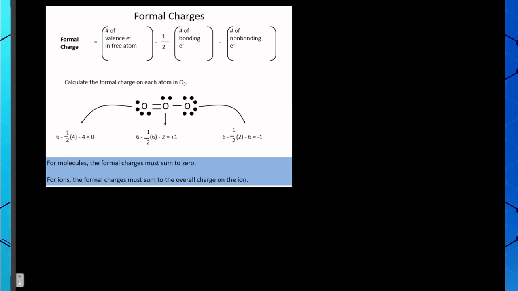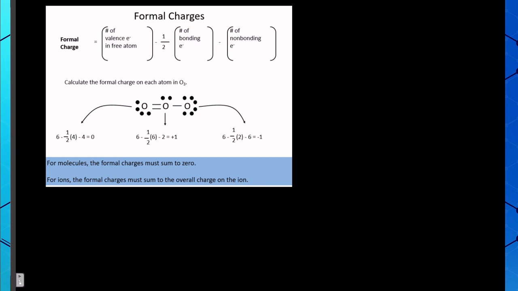So we see that if we write out the Lewis dot structure of the ozone molecule, O3, that's an allotrope of oxygen, and that has a resonance structure. And so we can either have the double bond on this side of the oxygen or on that side of the oxygen. But let's calculate the formal charge for all of these oxygen atoms in the ozone molecule.